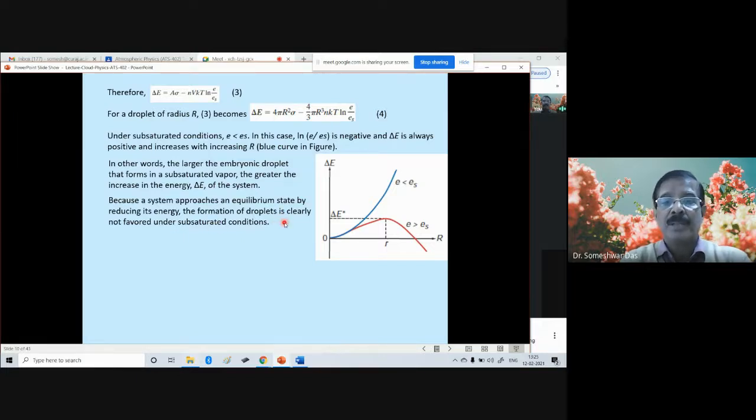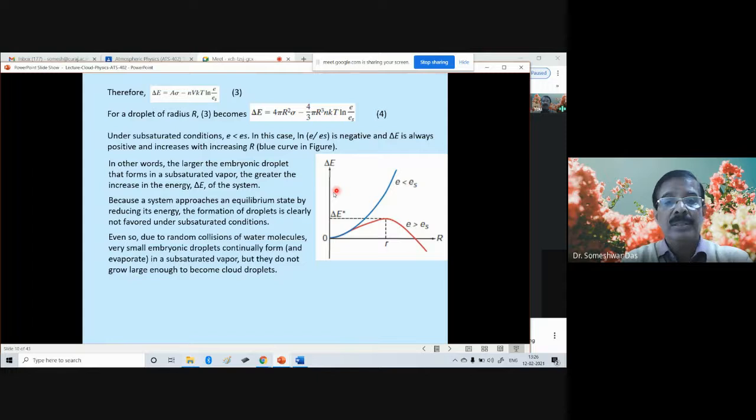The formation of droplets is clearly not favored under subsaturated conditions, because otherwise its radius would become infinitely large, which is not real.